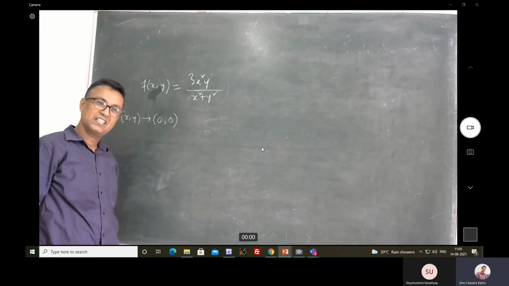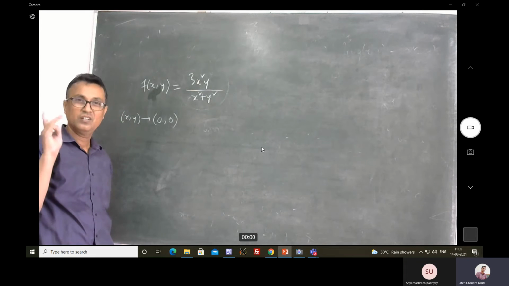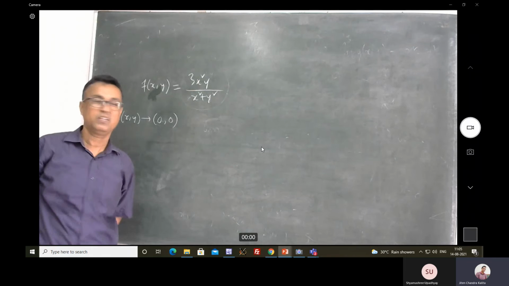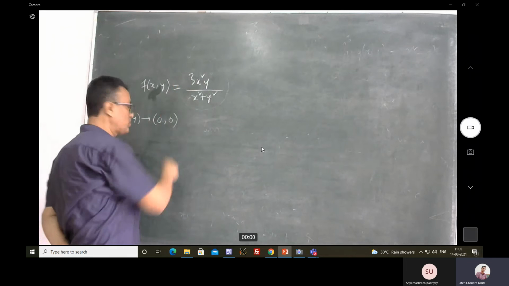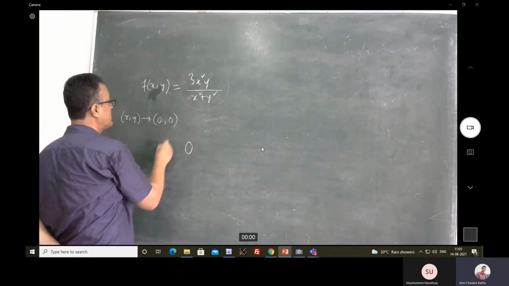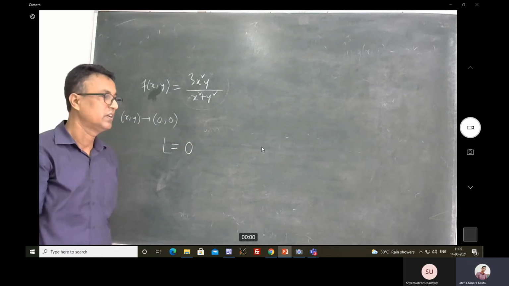But the thing is that there are only three approaches. Here we have an infinite number of approaches, and it must give you the same limit. Because those three approaches were giving us 0 as the limit, let us assume that L equals 0.